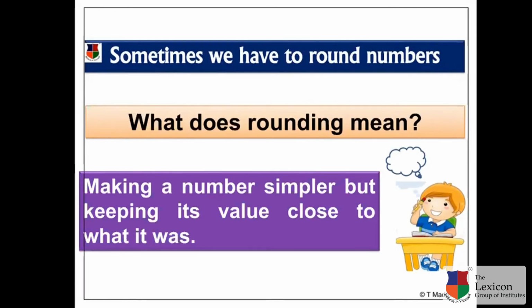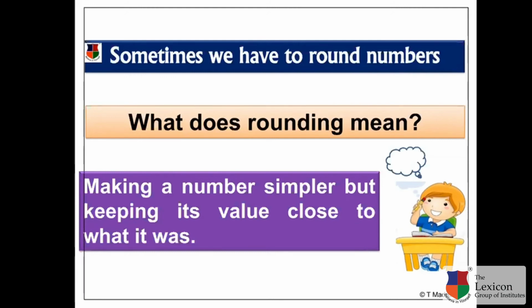So together you are carrying 30 rupees. You purchase a notebook and the cost of the notebook is 28 rupees. Then the shopkeeper says, I don't have change. So you will say, okay, round it off and keep it. So that shopkeeper will round up that 28 to what?